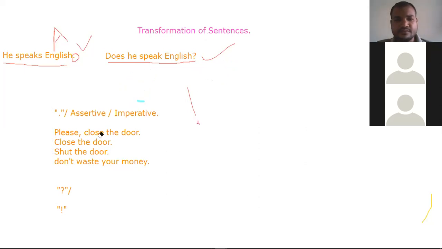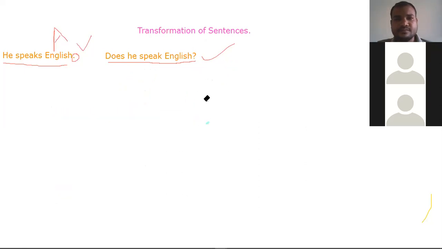Now, how can you change from an assertive statement to an interrogative? Assertive statement to interrogative. How can you change? So, are you able to identify the difference between these two sentences?